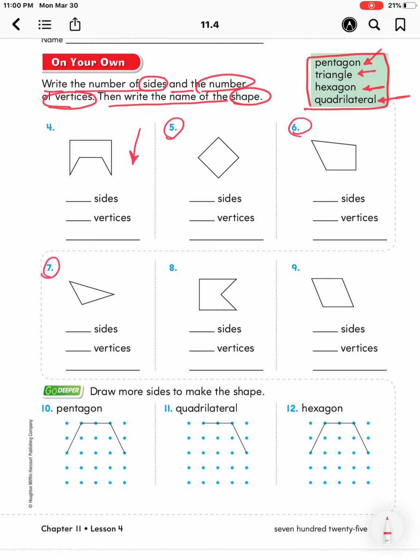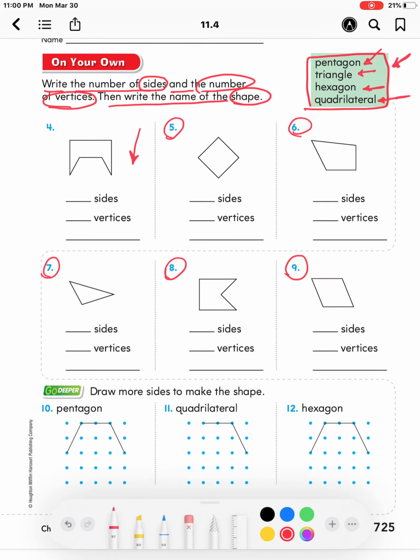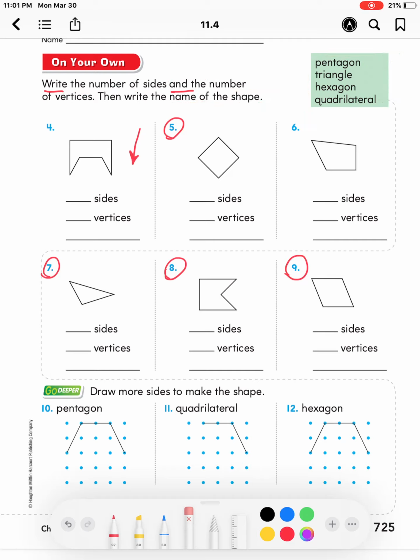Depending on the number of sides and the number of vertices, we are going to determine which shape of those we should write. And what is this shape, okay? Now let's start answering. Okay.